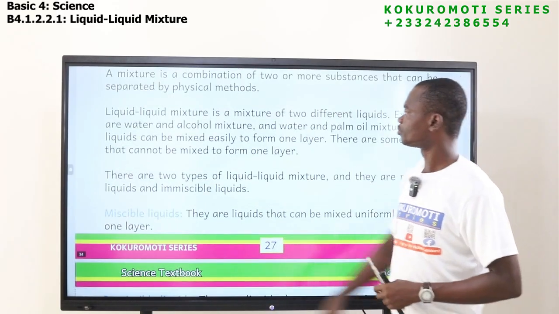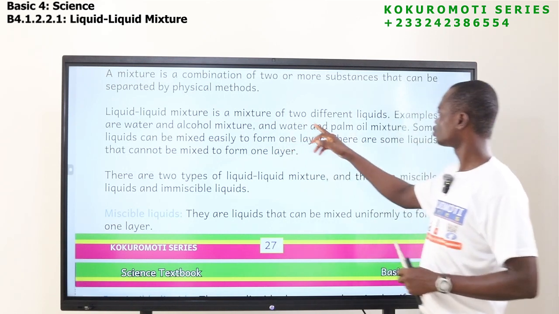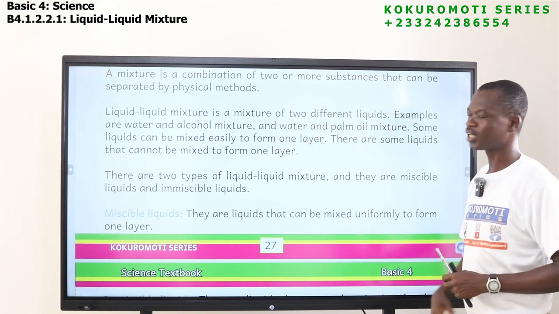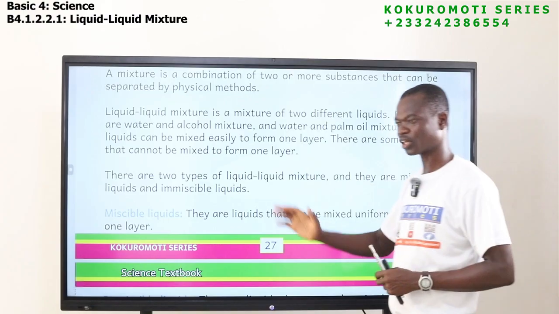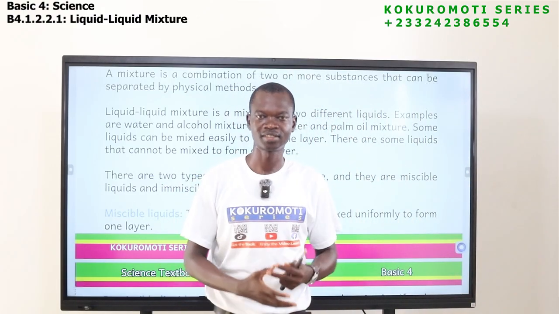Okay. Now, liquid mixture is a mixture of two different liquids. So anytime you hear about liquid mixture, we are talking about a mixture where we have two liquids as components.